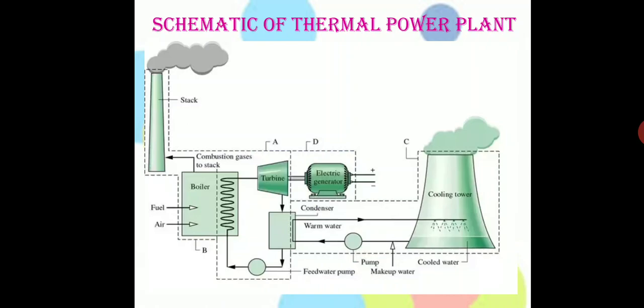As here in the schematic of a thermal power plant, you can see that after combustion of fuel, which here is coal, in the boiler the emitted gases are released to the atmosphere through a very high tower. Once the turbine is rotated using the steam at high temperature and high pressure, steam temperature and pressure decrease. This steam is converted back to water by taking out heat from it, that is by cooling it.